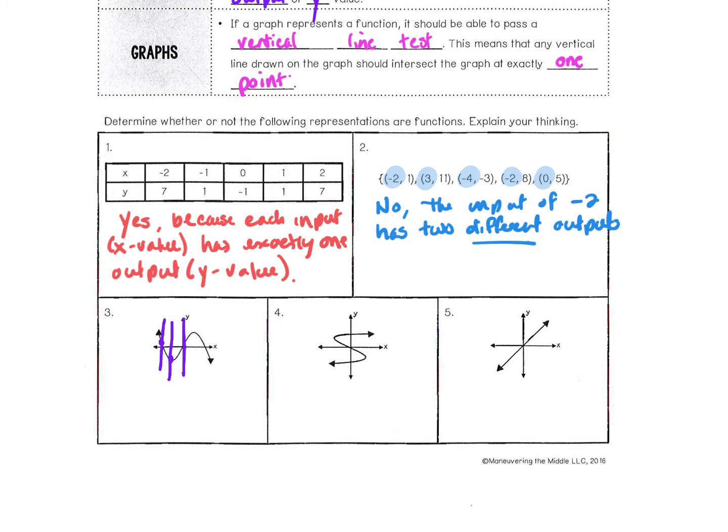And as I continue to make vertical lines, and I'm just randomly drawing them, I don't see any particular situation where it would hit the graphed line more than once. In fact, it might look like this is going straight down, but it's kind of going in an outward position, and so is this, kind of moving a little bit away. So this, yes, is a function because it passes the vertical line test.